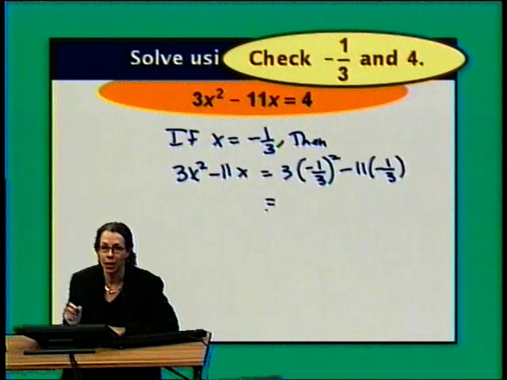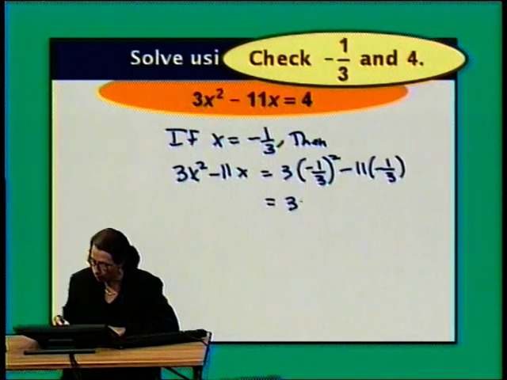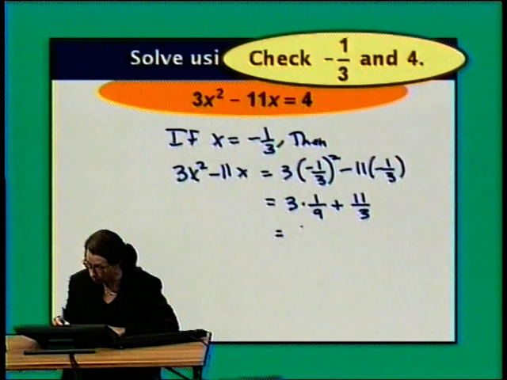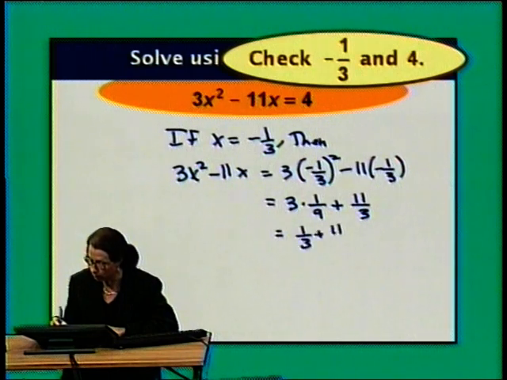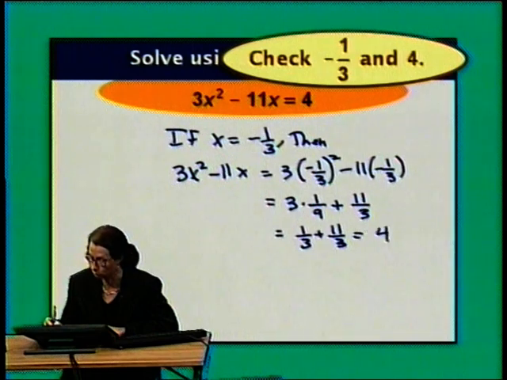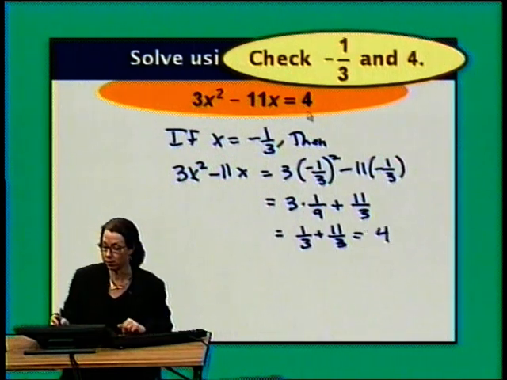The square of negative 1/3 is 1/9, so I have 3 times 1/9 plus 11/3. 3 times 1/9, that is 1/3 plus 11/3, which is 12/3, which reduces to 4. That's indeed what I wanted.